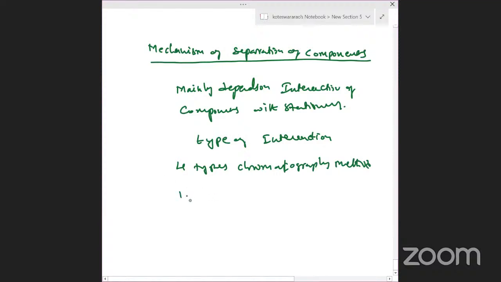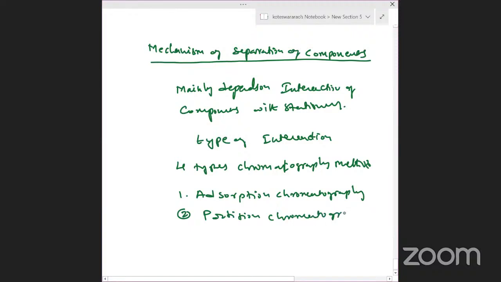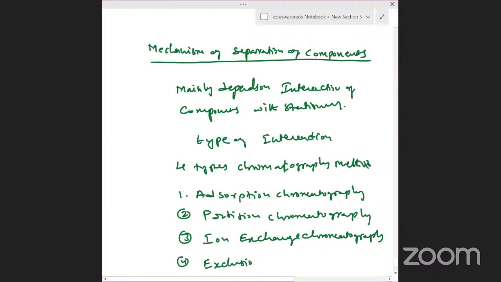The first one is adsorption chromatography, the second is partition chromatography, the third is ion exchange chromatography, and the fourth is exclusion chromatography.